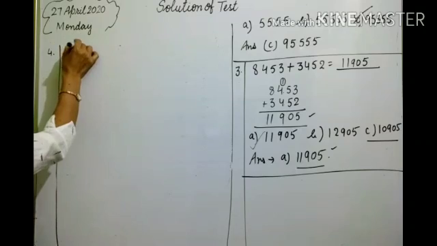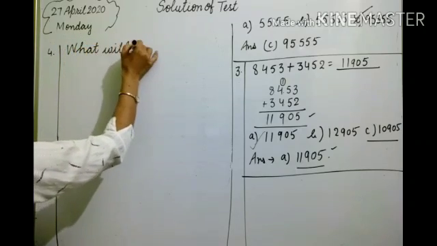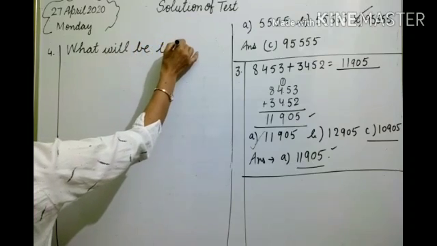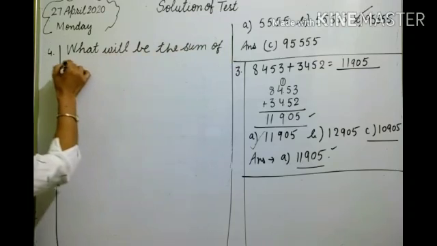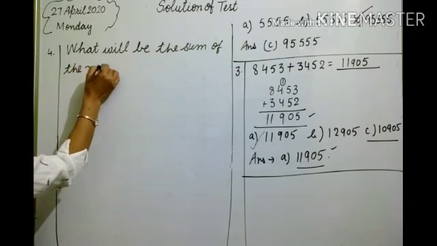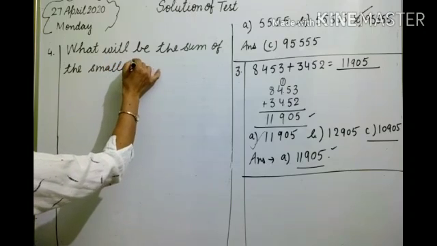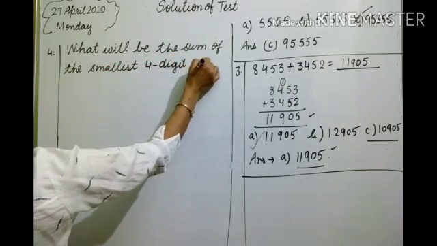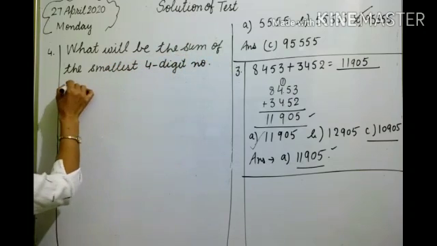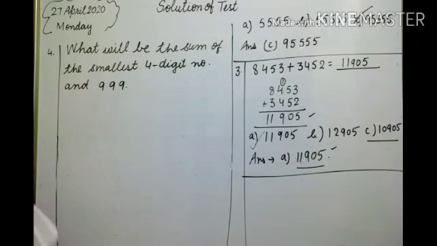What will be the sum of the smallest four-digit number and 999?